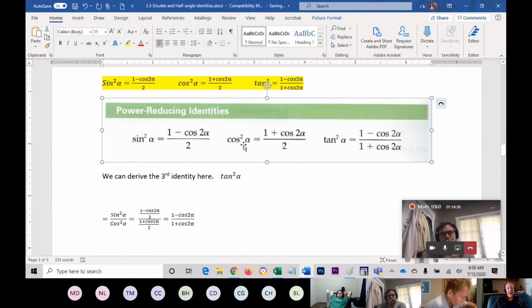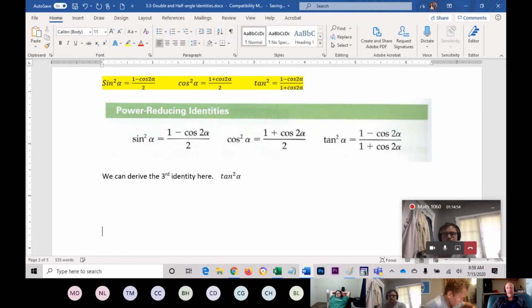The cosine squared equals 1 plus the cosine of 2 alpha over 2. And the tangent squared equals the sine over the cosine, essentially. 1 minus cosine of 2 alpha over 1 plus the cosine of 2 alpha. Okay, so let's derive the third identity here, okay?